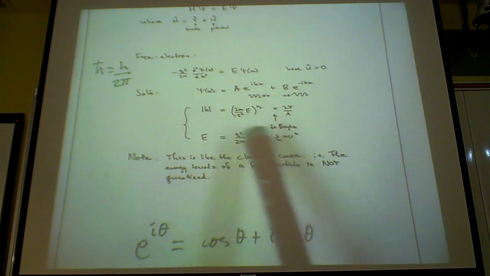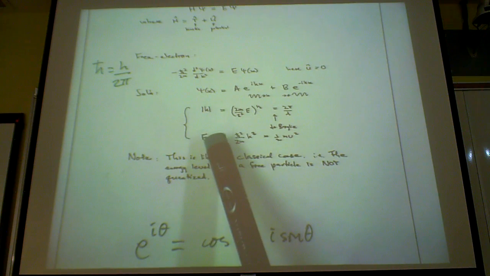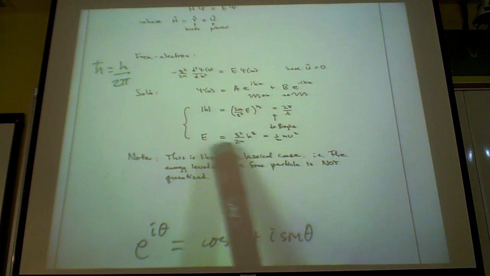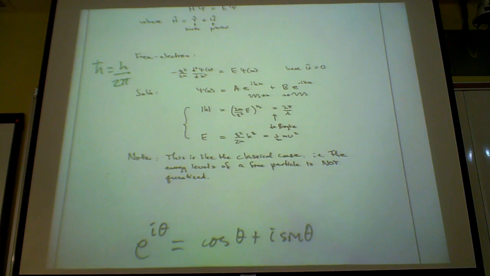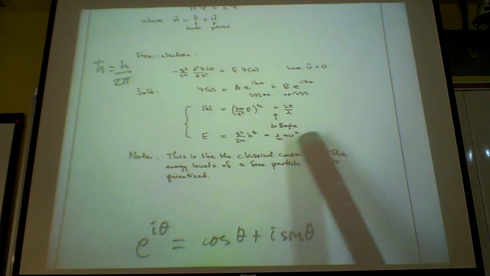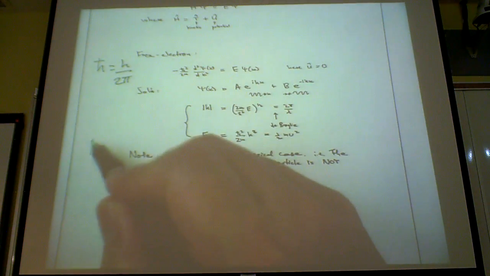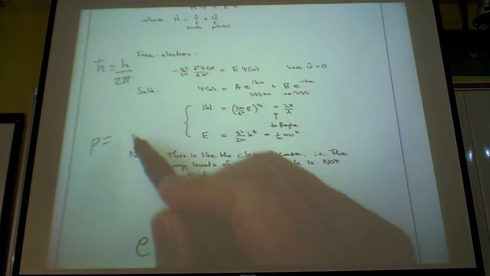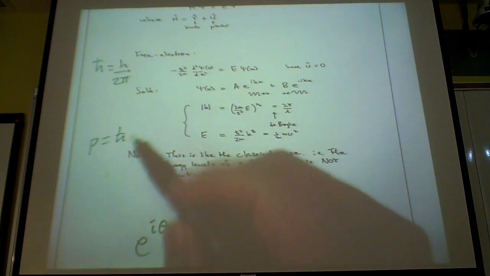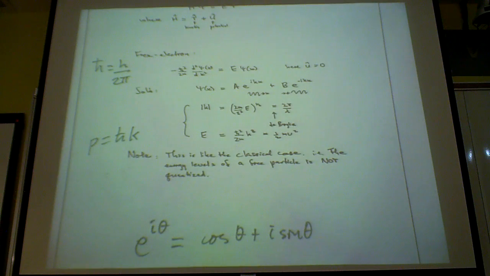And this energy term in fact looks like 1/2 mv squared, because the momentum in fact is h bar k, right? H bar k.